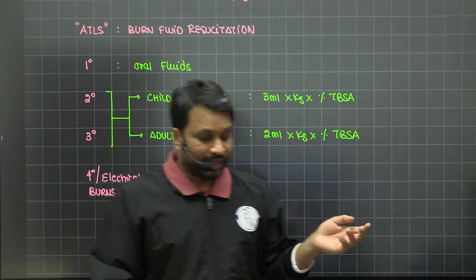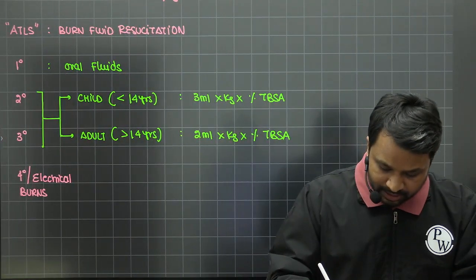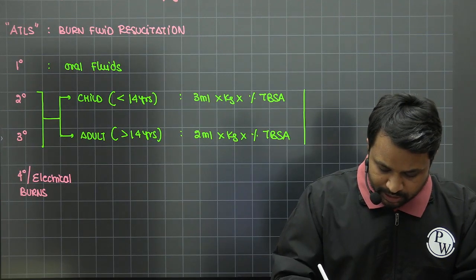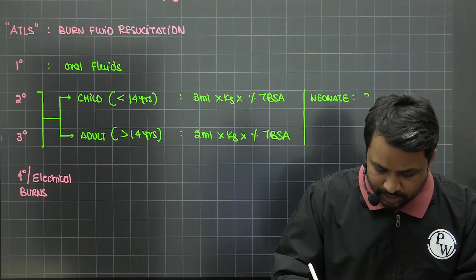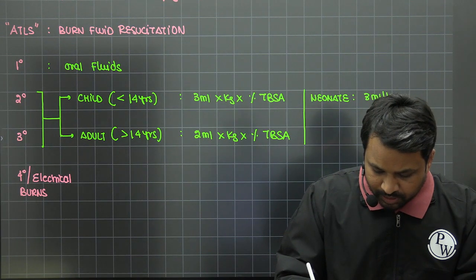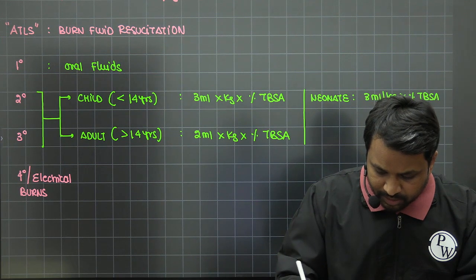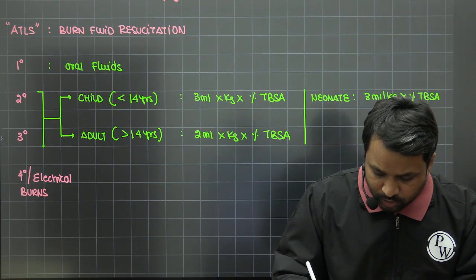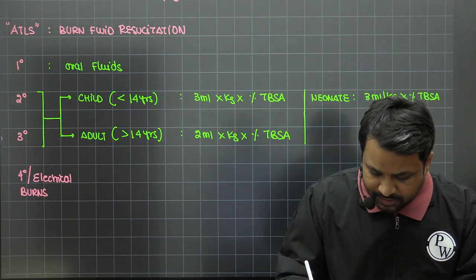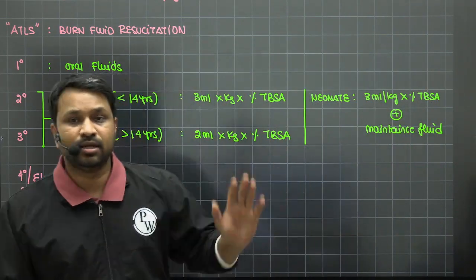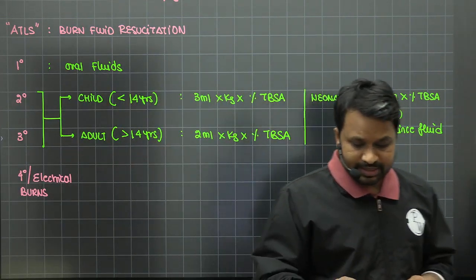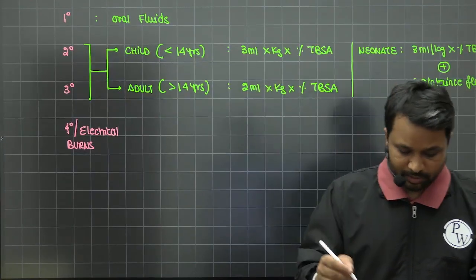If you have a patient who is a neonate, it is going to be 3 ml per kg per percentage of total body surface area burnt, plus I am going to add the maintenance fluid. So I'll calculate whatever is the required maintenance fluid and add this to that fluid and then resuscitate the patient, right? So this is with respect to second degree or third degree burns.